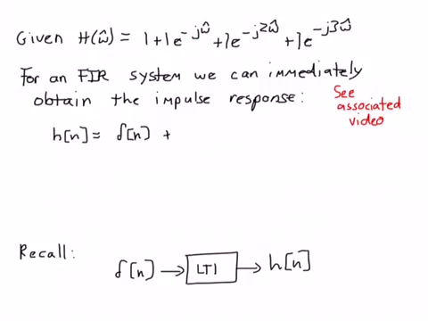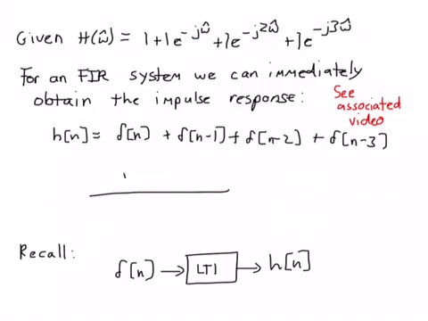So we just read off here, so that would be plus delta of n minus 1, plus delta of n minus 2, plus delta of n minus 3. So let me make sure that that actually looks like a plus. So plus. Okay, so that's what h of n is.